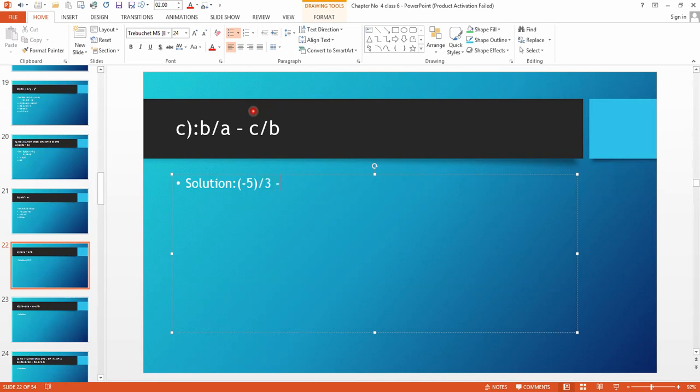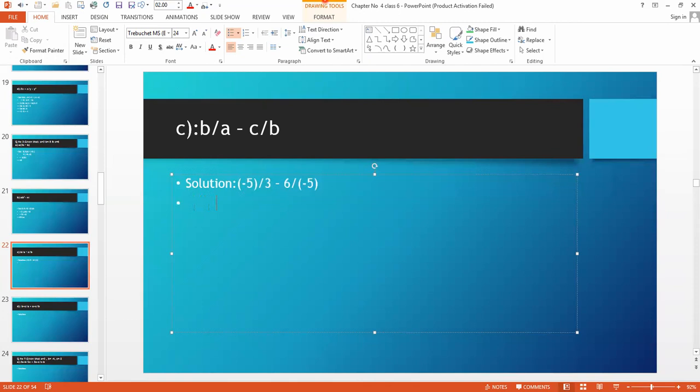Then I have to put the subtraction sign, and the value of C is equal to 6, plus 6. And again, as you already know, the value of B is equal to minus 5. The first step is that you have to substitute all the values. Now we move towards the second step.